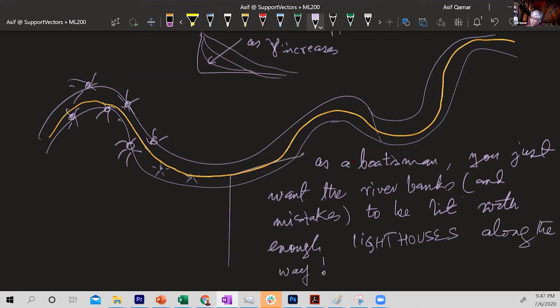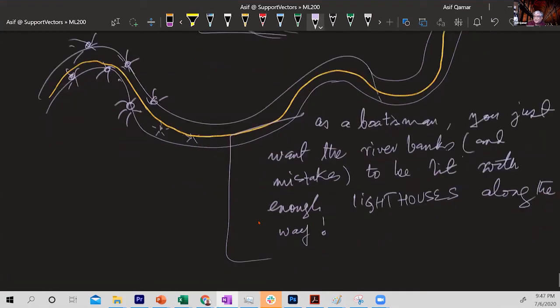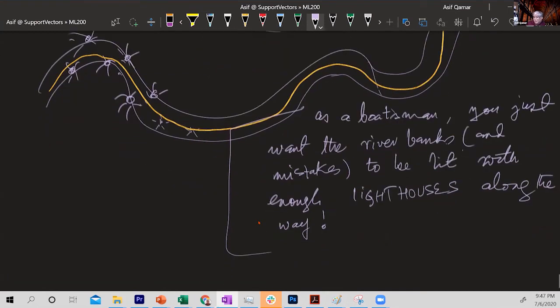Is this intuition obvious, guys? As a boatsman, at night, you just want the river banks and the mistakes to be lit with enough lighthouses along the way. If it is, you can navigate your path, isn't it? And support vector machines is just a means to find these lighthouses.